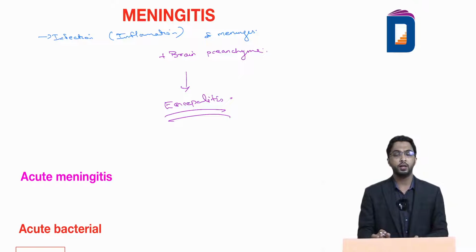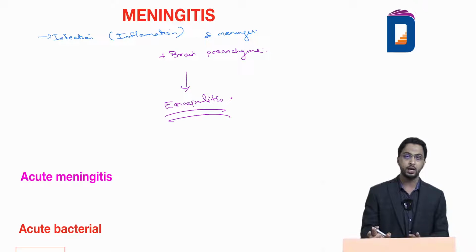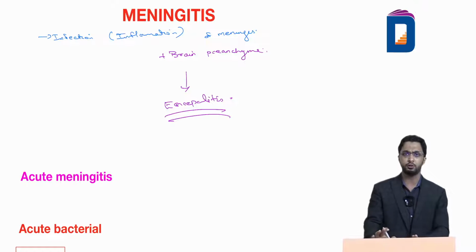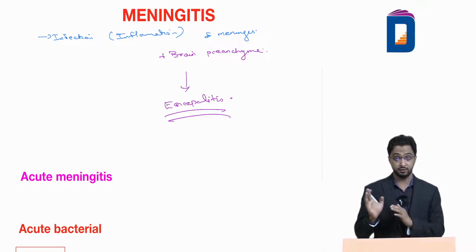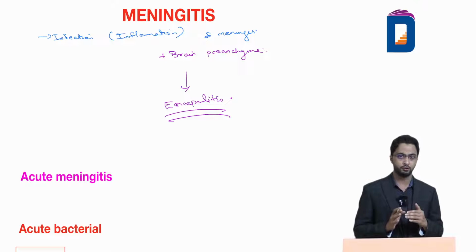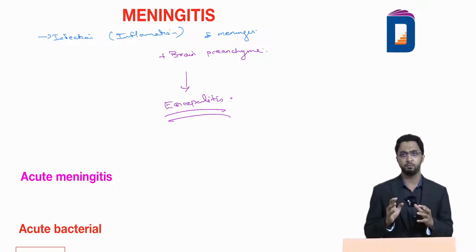Now you have got different types of meningitis. There is acute meningitis, subacute meningitis, and chronic meningitis. We are not going to concentrate much on chronic meningitis, which is more towards systemic diseases like cancers, sarcoidosis, SLE and all those, but we are going to concentrate on the infections part, which is much more important for you all.